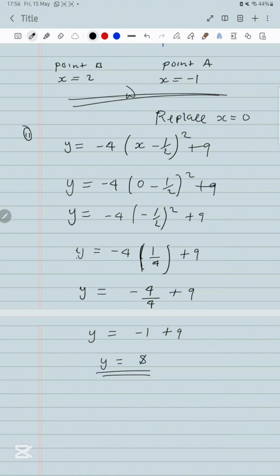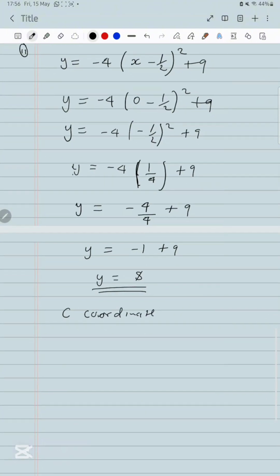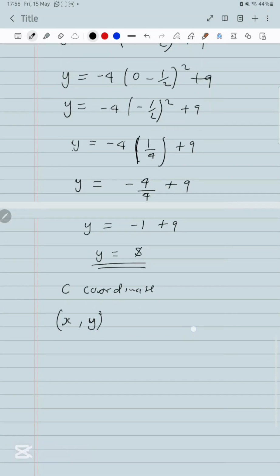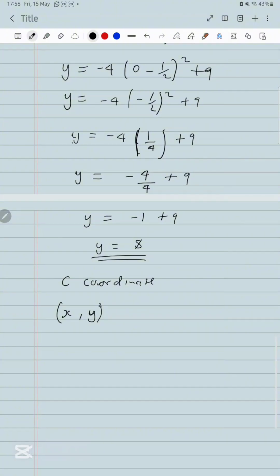So y is equal to 8, meaning coordinate C. We know that the coordinates are always x, y. So we have our coordinate, where our x in this case is 0, and our y is the one that we have found here to be 8.